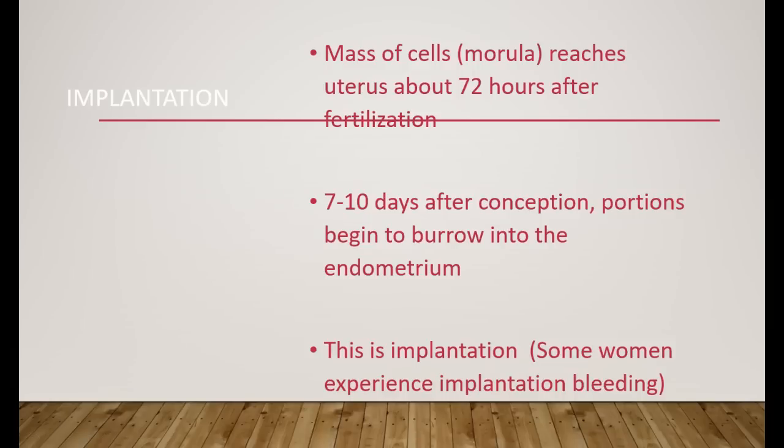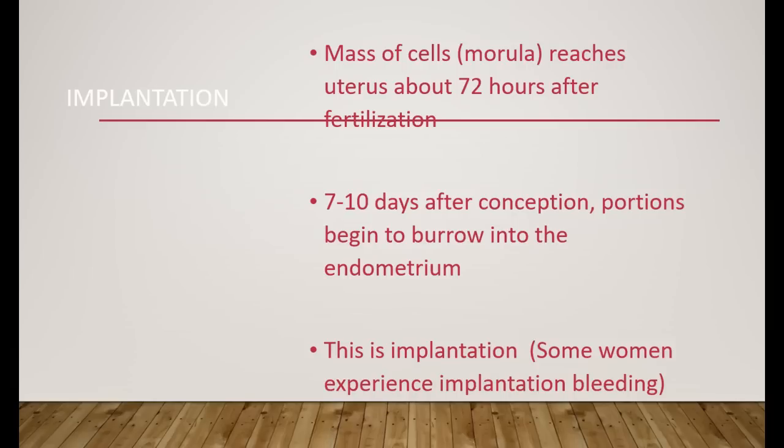So implantation is a mass of cells, and that mass of cells is called the morula. It reaches the uterus about 72 hours after fertilization. Then about 7 to 10 days after conception, portions of it begin to dig into the endometrium, the lining of the uterus, and that's implantation.